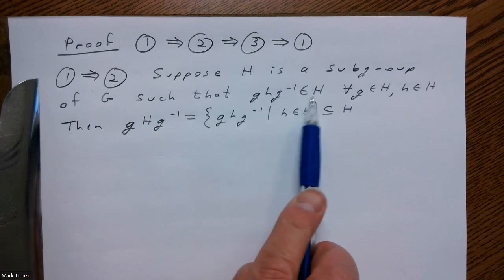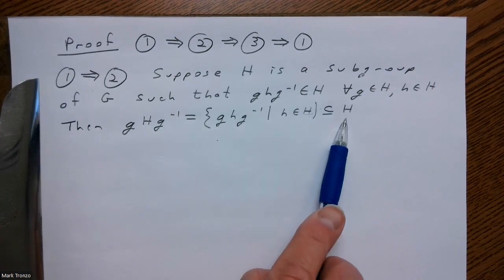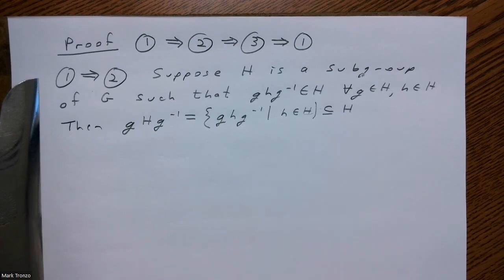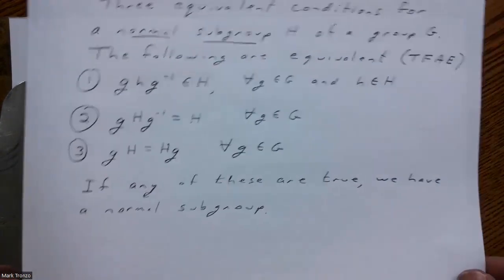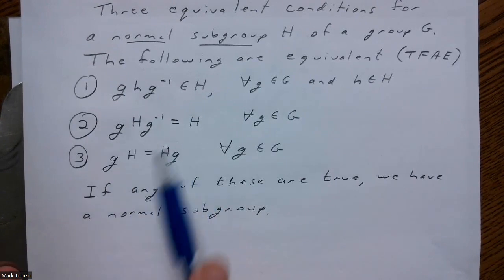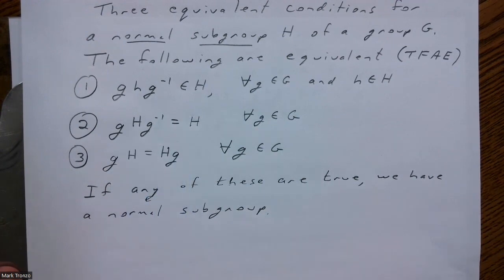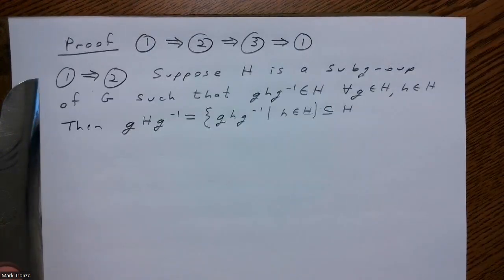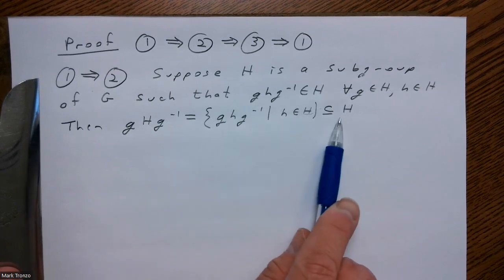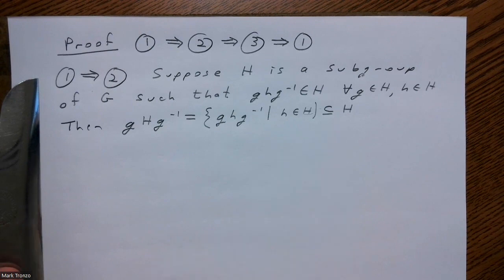We've said that this is in H, so then all these elements have to be in H. So then this is a subset of H. So if we want to prove number 2, remember, if you want to prove two sets are equal, you have to prove that each is a subset of the other. So we're given this one, and this clearly is a subset of H. Now we have to prove the other way.